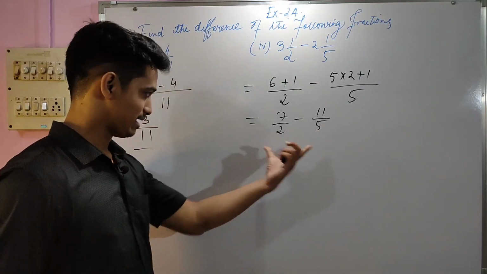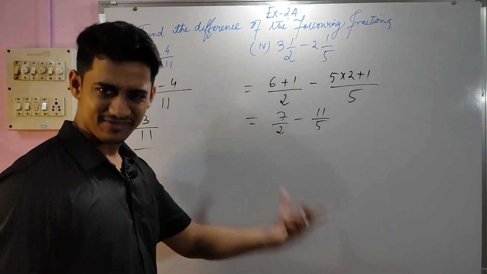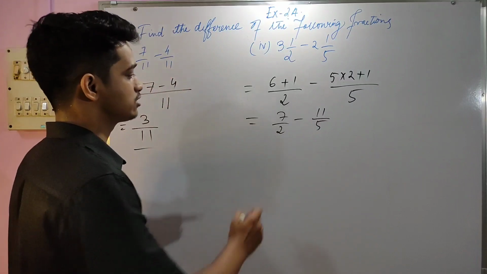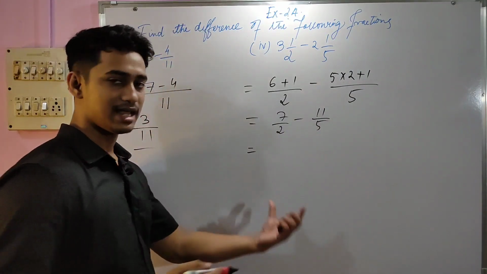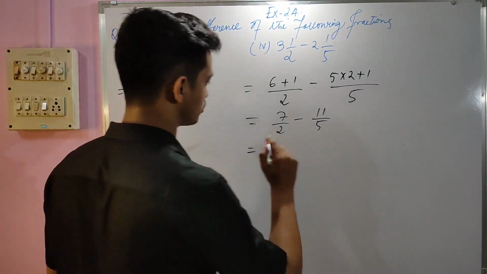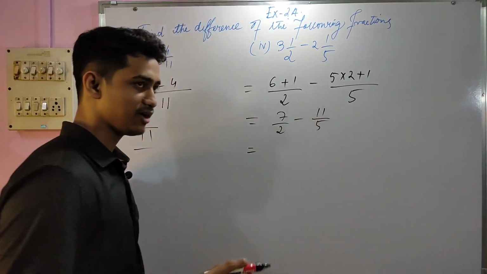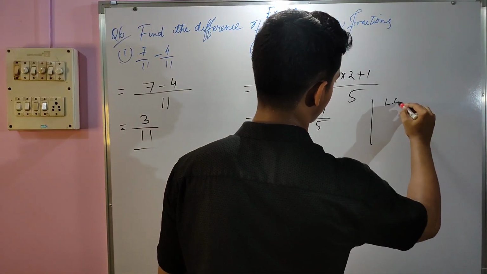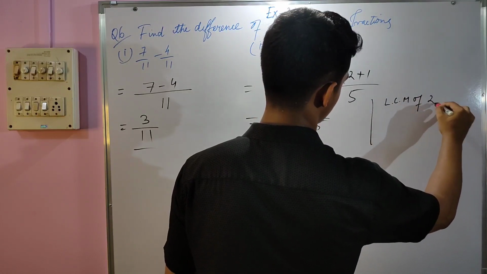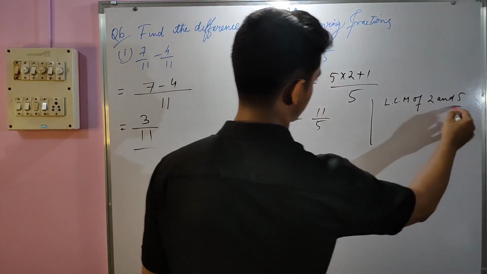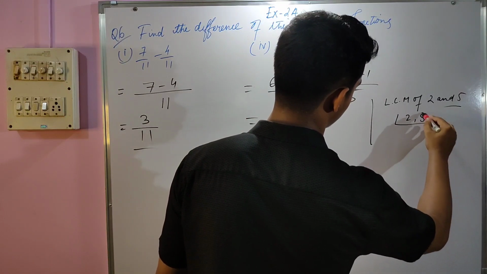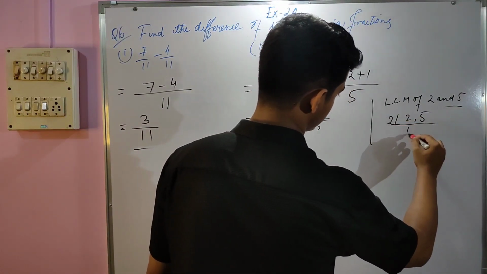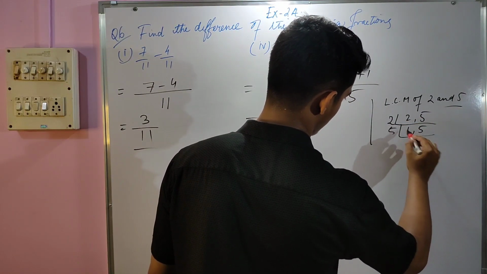So are the fractions like or unlike? Definitely these fractions are unlike fractions. So first we have to convert these unlike fractions into like fractions. For 2 and 5, we have to calculate the LCM. So what is the LCM of 2 and 5? 2 is a prime number and 5 is also a prime number.